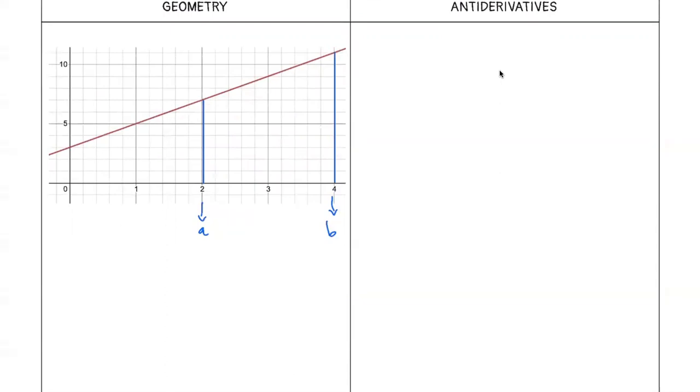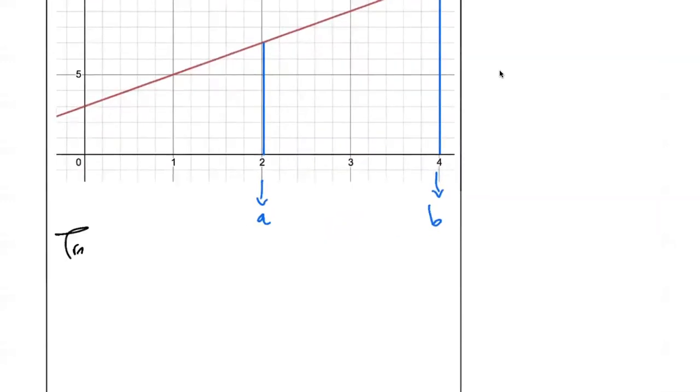If we write that down, trapezoid, anybody happen to know the area formula of the trapezoid right off the top of their heads? I feel like the trapezoid formula just doesn't get a whole lot of love. It does look like a rectangle and a triangle. But the area formula of a trapezoid is very similar to the area formula for a triangle.